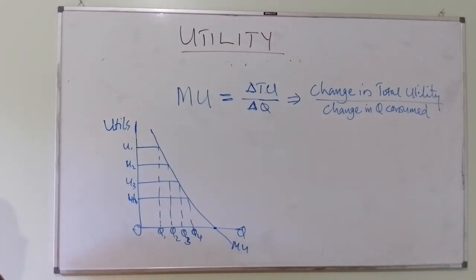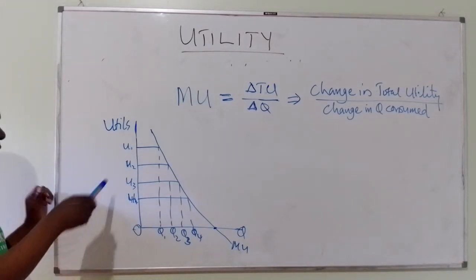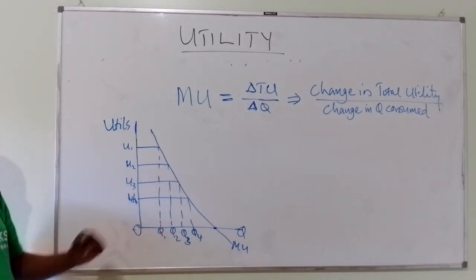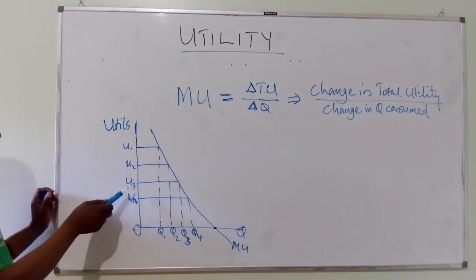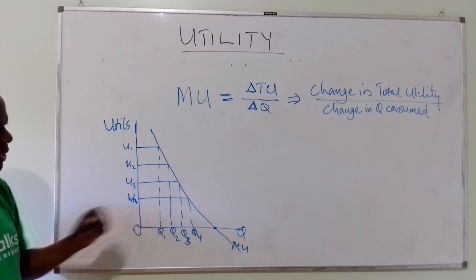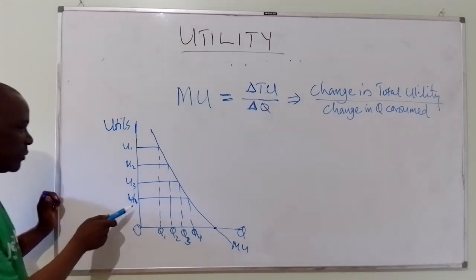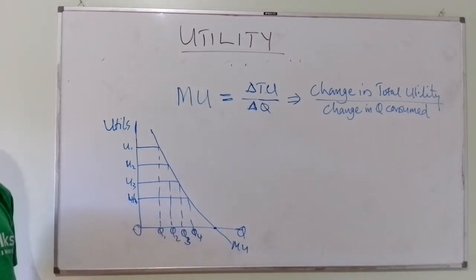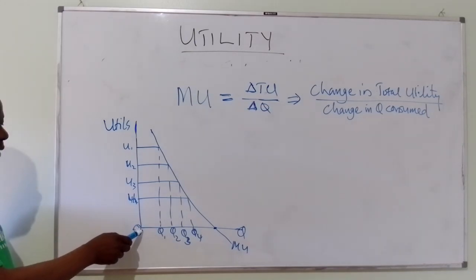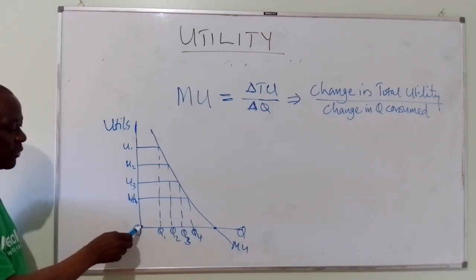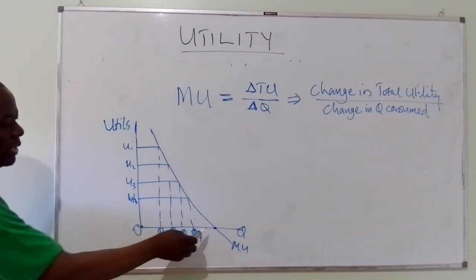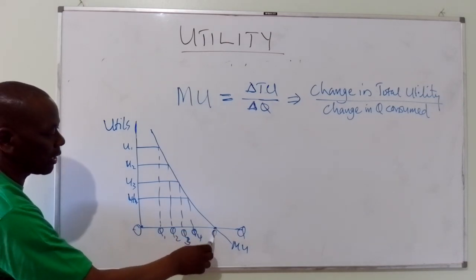If you go by the example we have given of a mango, the first mango had a very high utility. The second one, the utility went down. When he consumed the third one, the utility again went down. When he consumed the fourth one, it went down. Time comes when you get 0 satisfaction at, I don't know, it will be around 6.